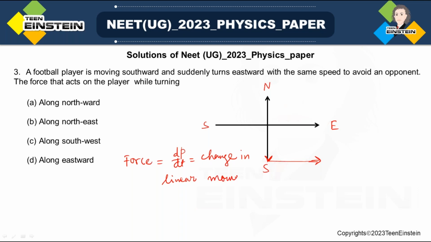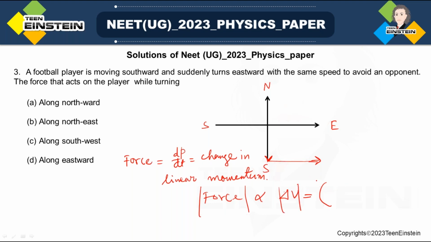So the force acting on the football player will be found out if we can find out the change in the linear momentum. Anyway, mass is constant, so we can write the force will be directly proportional to change in the velocity. I'm writing the magnitude.